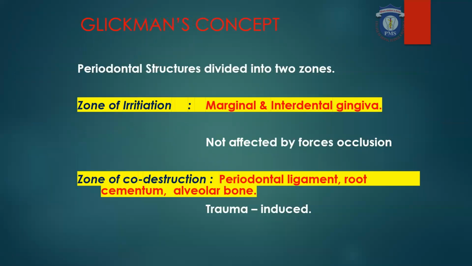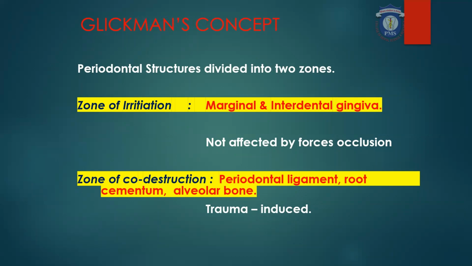As I have already told you, there are two zones: the zone of irritation and the zone of co-destruction. The zone of irritation is confined to the marginal gingiva and interdental papilla. If there is only marginal inflammation, it is not influenced by trauma from occlusion, whereas if the inflammation spreads to the underlying supporting structures, it will be influenced by trauma.